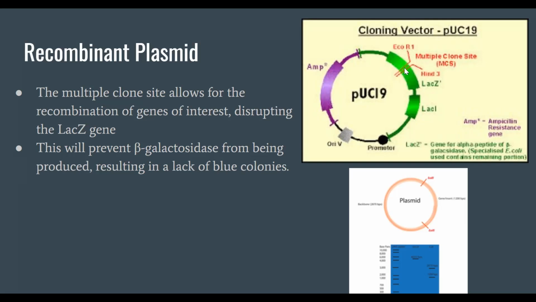So here we're able to recombine a gene into the middle of the lacZ gene. Now, when we do that, we will be disrupting this lacZ gene, so beta-galactosidase will not be produced. Therefore, we will see a lack of blue colonies.